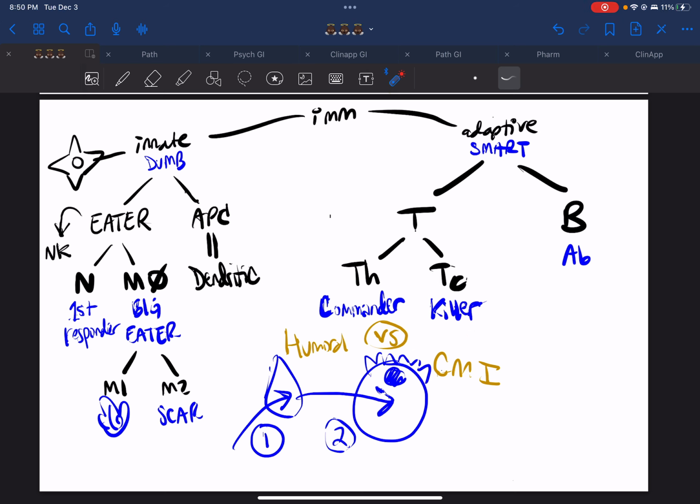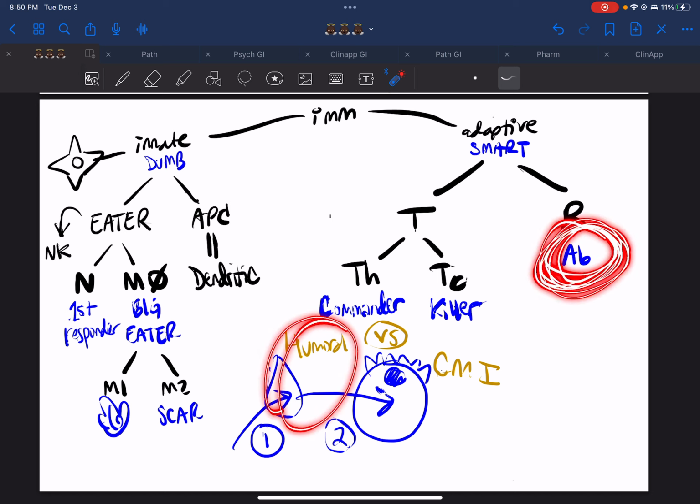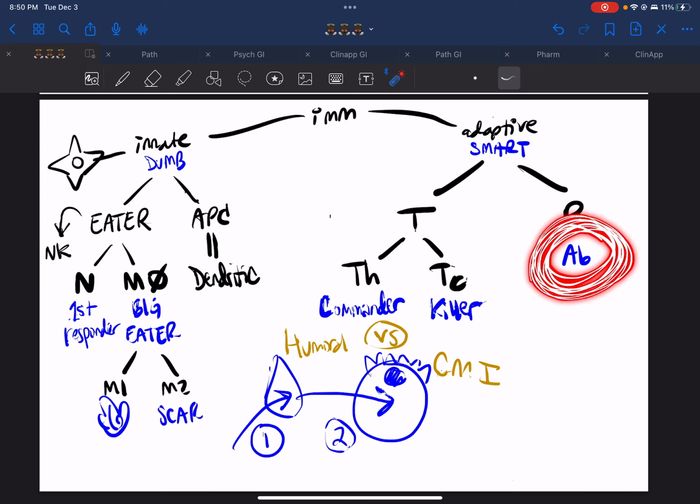The other thing is the weapons that are used. Humoral equals antibody. The whole point of humoral is that you're using antibodies to kill the germ. We said humoral equals blood, right? Well, antibodies, the whole way they work is that they float around in the blood. They're like these little tracker things that float around in the blood, and then when they stick to a germ, the germ's location gets exposed so that the other immune cells can come kill it easier.